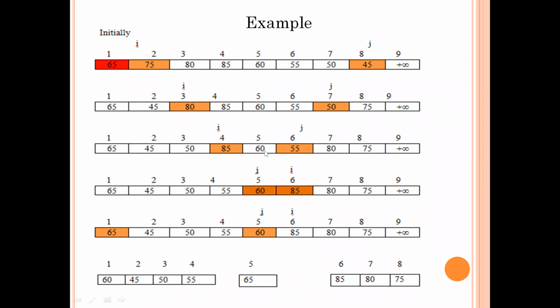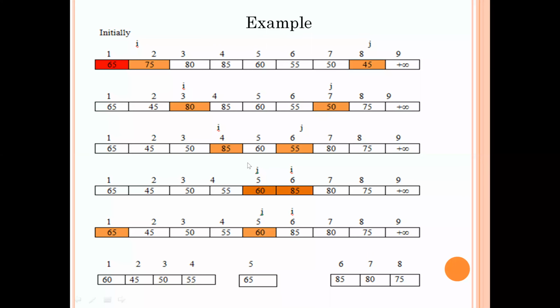We move j until it finds an element less than the pivot. So 60 is less than, so j will stop here and i will stop here. But what happens to the condition of i less than j? It fails. So will these two numbers be swapped? No, they won't be swapped because here i is not less than j. So the iteration stops here now.